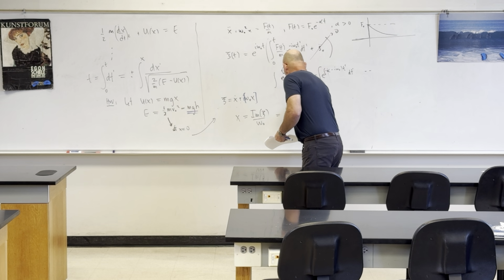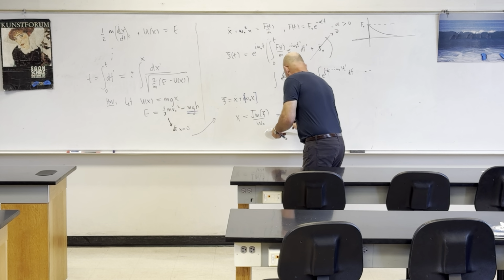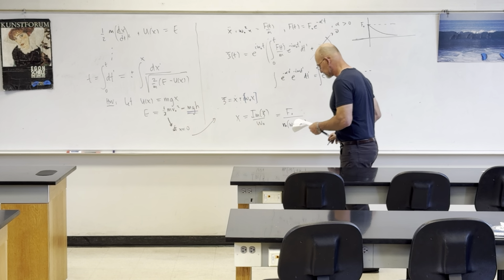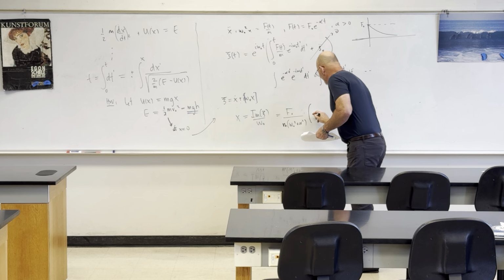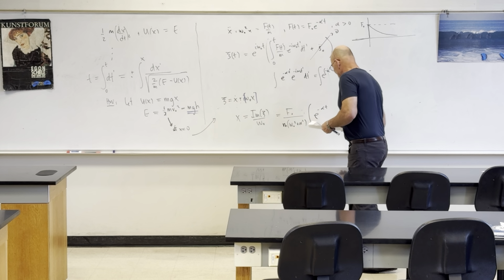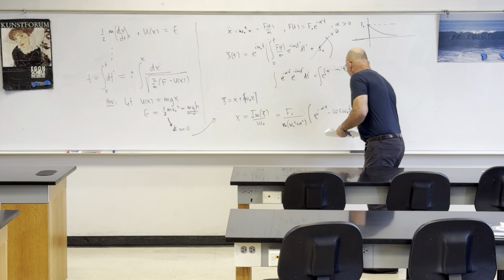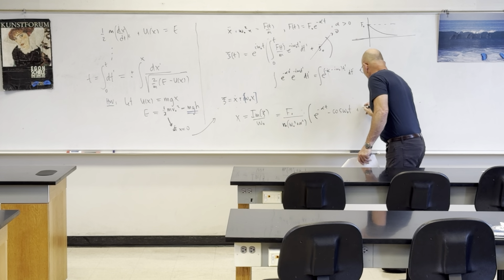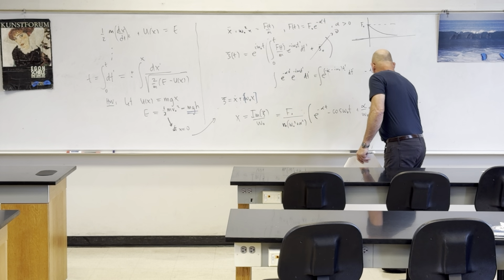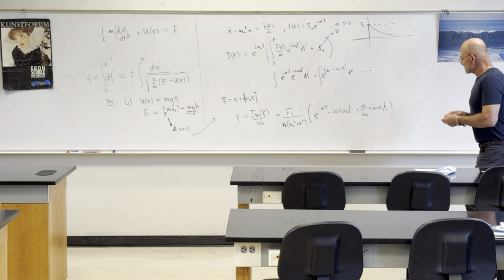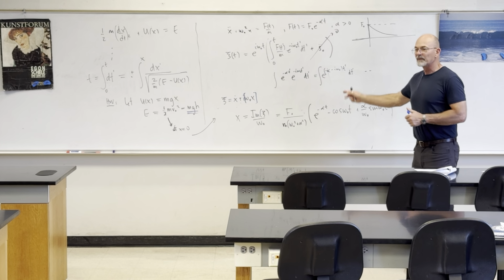F naught over m times omega naught squared plus alpha squared, after a couple of steps, e to the minus alpha t minus cos omega naught t plus alpha over omega naught sine omega naught t. Okay. So that's what will come out after you fiddle around with all the algebra.